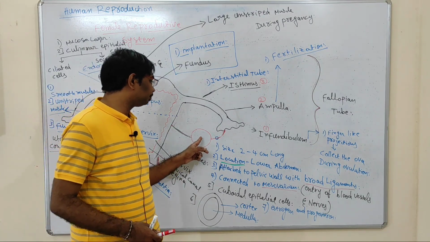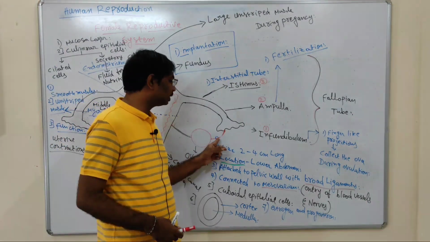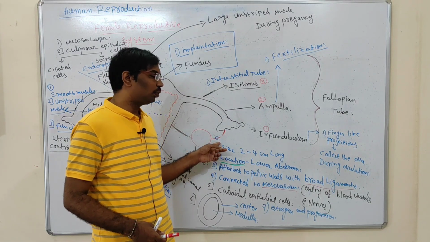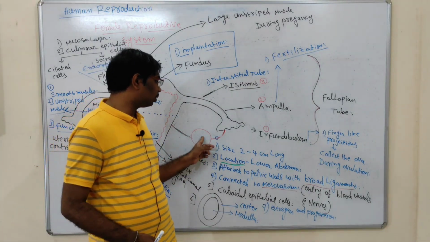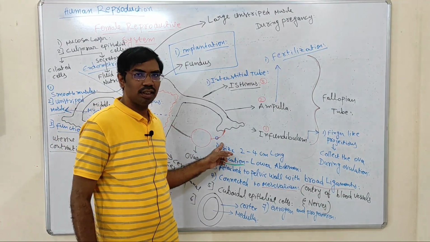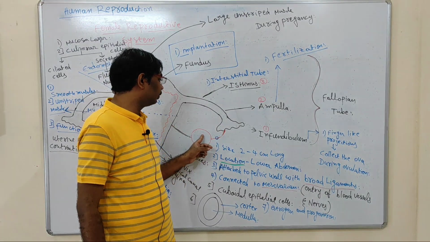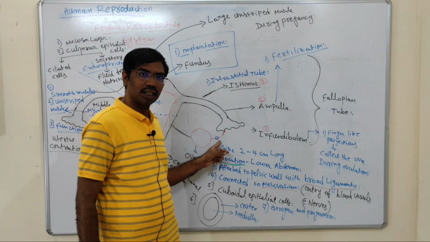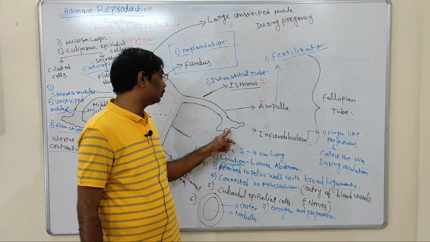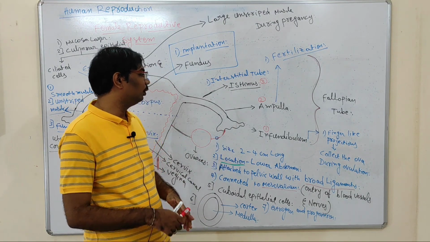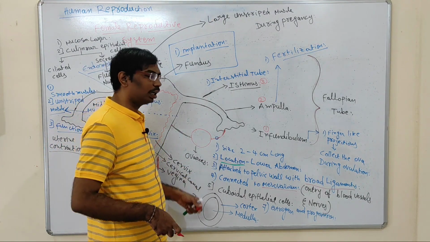After that, the ovaries release the ova, technically the secondary oocyte. When the ovary releases the secondary oocyte, it enters the infundibulum through finger-like projections.